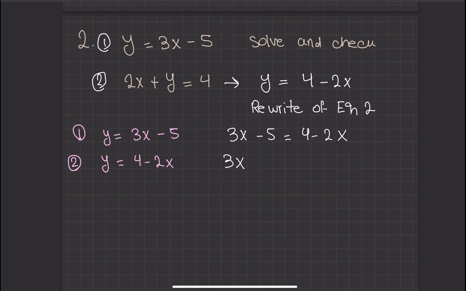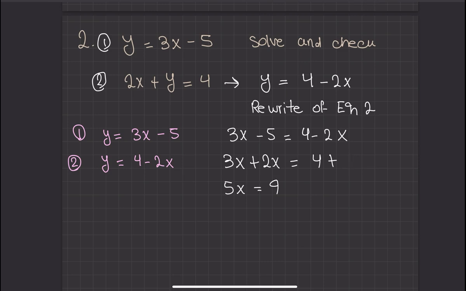3x stays the same. I'm going to move minus 2x to the left side, so minus becomes positive, so it's going to be positive 2x. 4 stays the same. I'm going to move minus 5 to the right side, so it's going to be positive 5. So it's going to be 3x plus 2x, 5x equals 9. Oh, there's a mistake here.